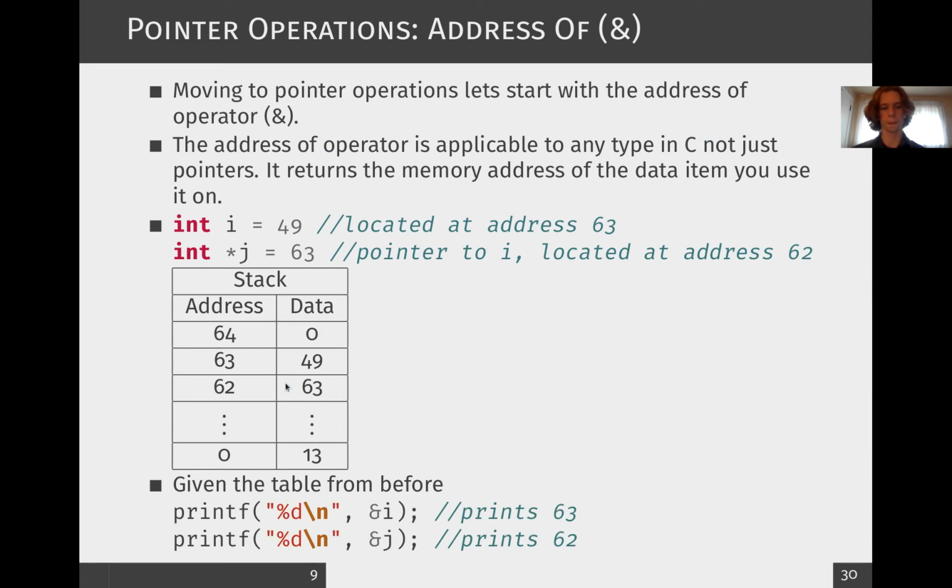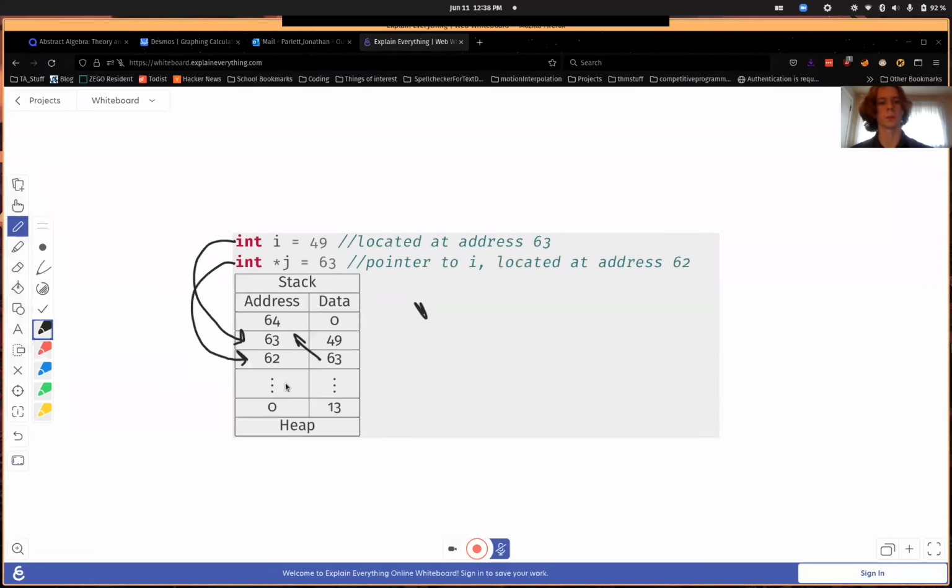I'm just illustrating with the print statements, but let's illustrate this with our table. In the context of our table, the address of I is its index in our table. So the address of I corresponds to the location of I, 63. This would be equivalent to 63 if you were comparing it in C.